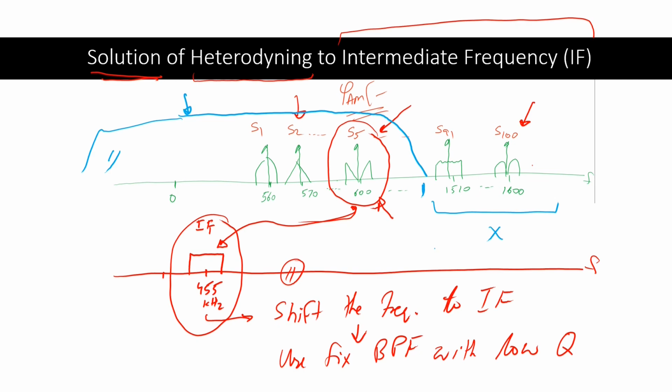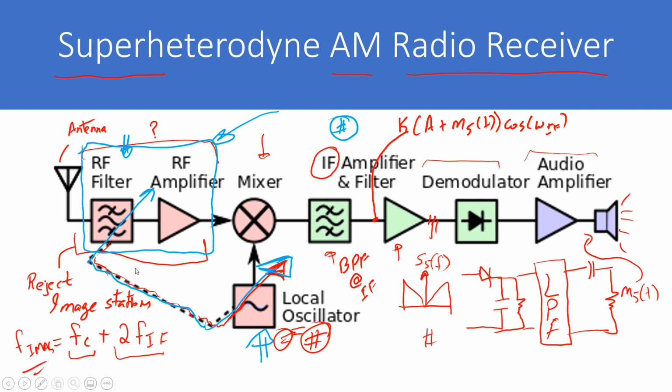But this tunable band pass filter has a much higher bandwidth, and since it has a much higher bandwidth, this quality factor is actually quite low, and we can create such filters. So this is basically the working of a Superheterodyne AM radio receiver.